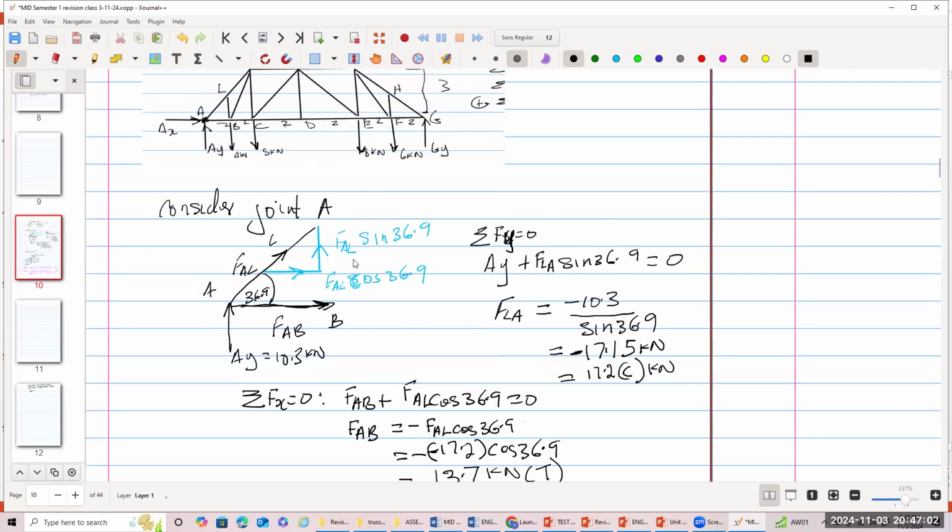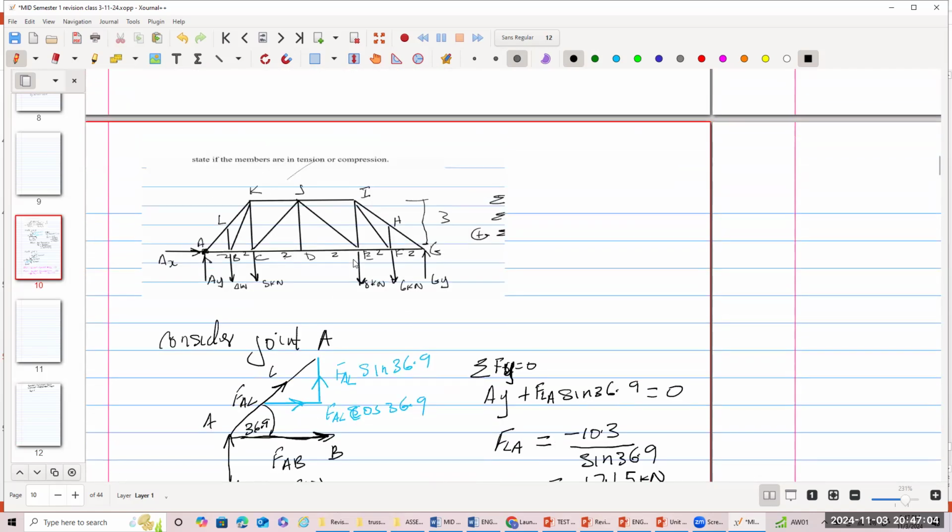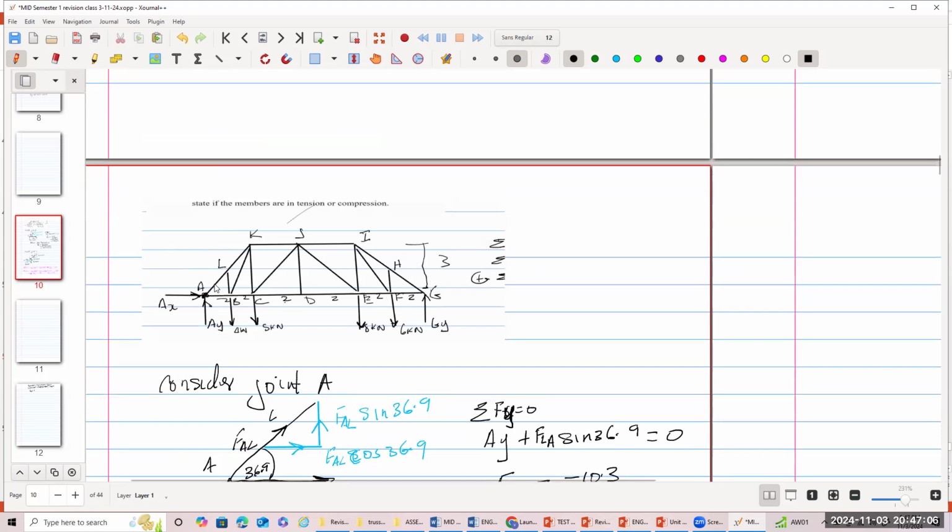So that is one way. And you know why it is true it's a 0 force member? It says when the members are collinear and there's no support at that joint, then the member is a 0 force member. So if there's any load at the point L, that member would have a value.